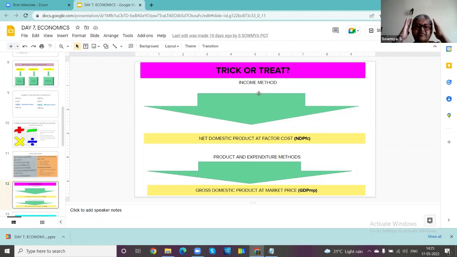But they'll have to have this really into their head that through the income method, they will always arrive at only the NDPFC, and through the product method and the expenditure method, the GDPMP. A small difference is that under the expenditure method, they'll have to be cautious with certain things.